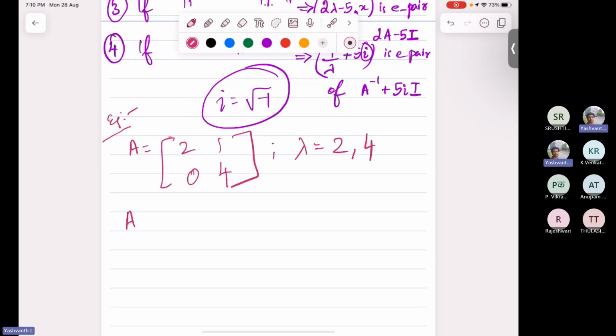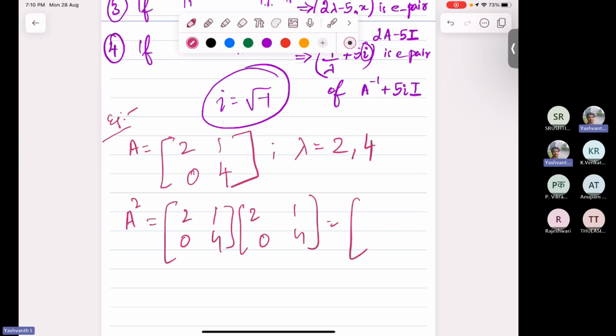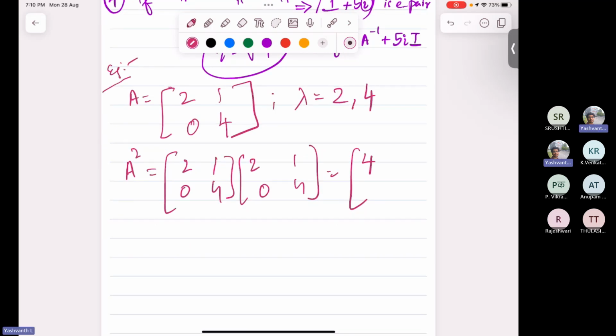Now, if I say A square, what is A square? It is 2 1 0 4 times 2 1 0 4, which is 2 times 2, 4, plus 0 is 4. 2 times 1 is 2, plus 4, 6, and 0 plus 0, and 1 plus 0, 16. You can show that A square is equal to this.